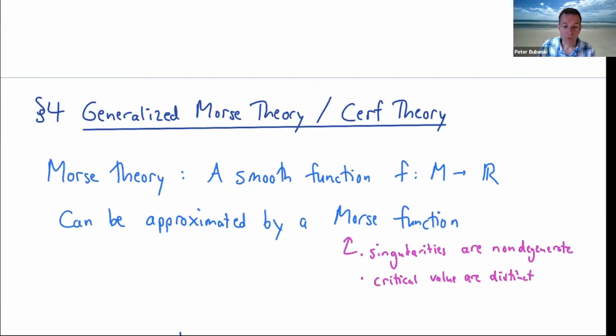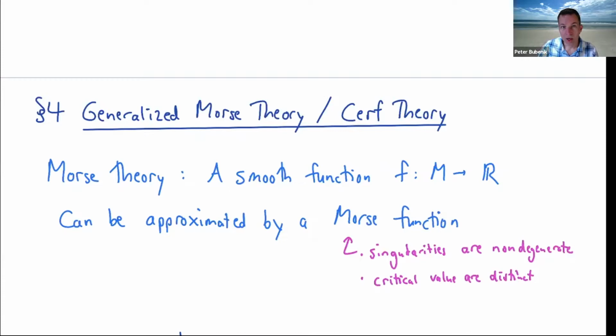Now if we look at the class of all such functions, it turns out that they are an open dense subset of smooth functions from M to R with a particular topology, the Whitney topology.